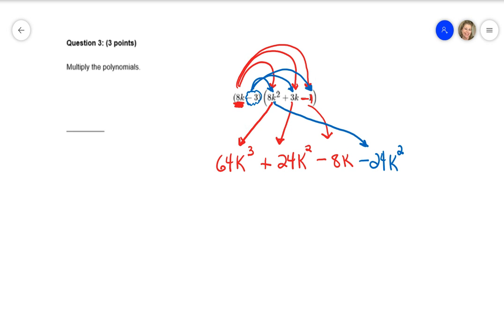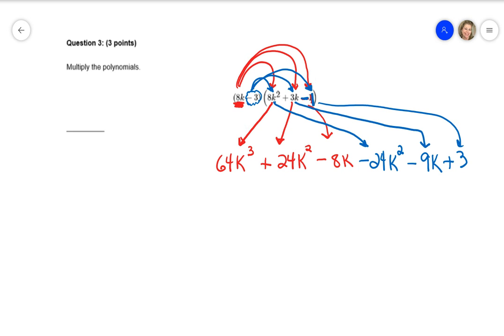Then the negative 3 times the 3k is going to give me a negative 9k. And then the negative 3 times the negative 1, a negative times a negative is going to make that a positive 3.